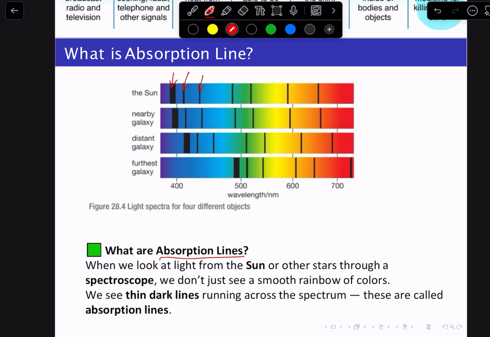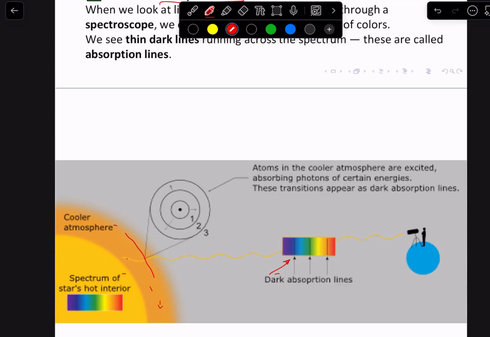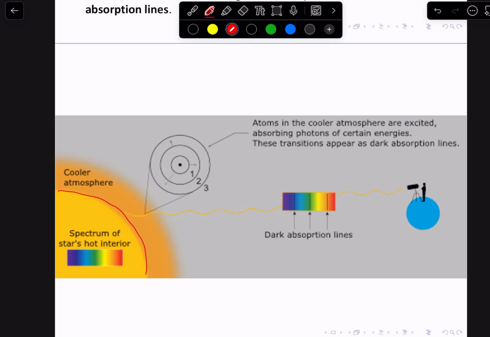How do they absorb specific wavelengths? For example, say this is a star and this is the cooler atmosphere around the star. Now when the light is coming from the core of the star and passing through this cooler atmosphere, some of the energy at specific wavelengths is absorbed by the hydrogen, because atoms in the cooler atmosphere are excited, since it's very hot at the core and the cooler atmosphere is also getting the heat.